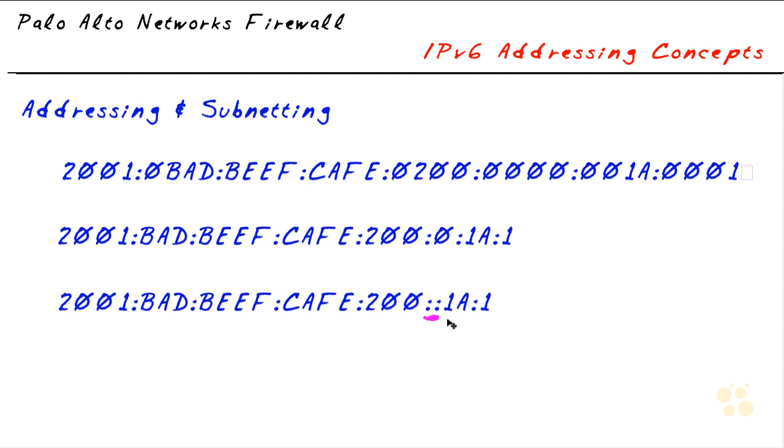We are only allowed to have the double colon once, because if I had it over here and over here, I'd have no idea how many zeros went on which side. So this just tells me that any missing numbers, really in this case it's just one set, but in case it was more than one, we could still concatenate down to that.